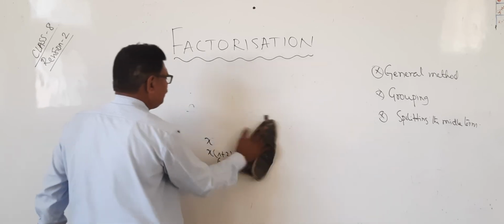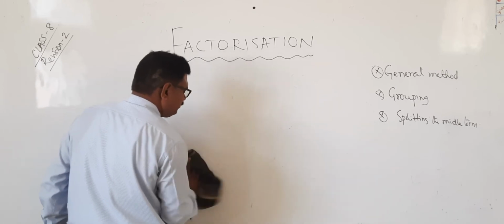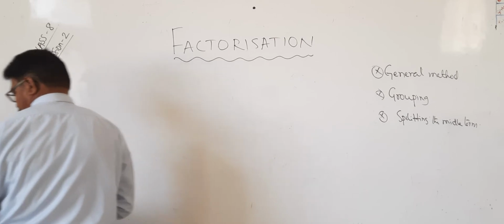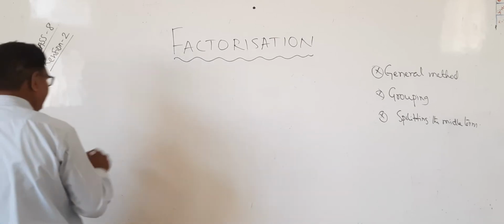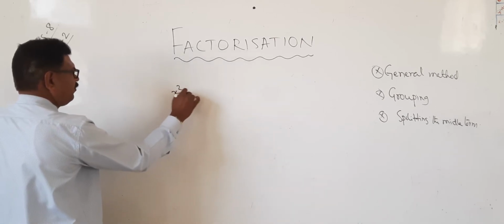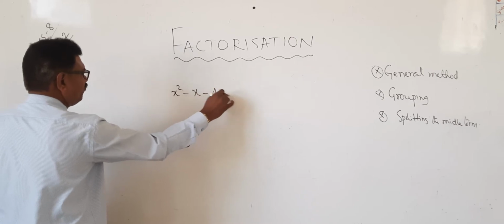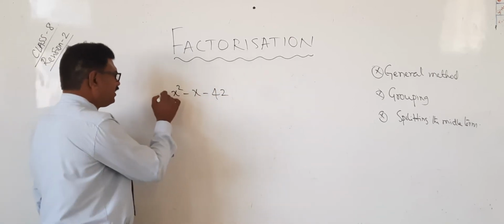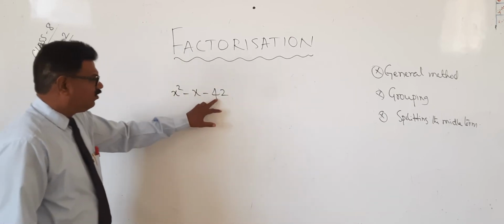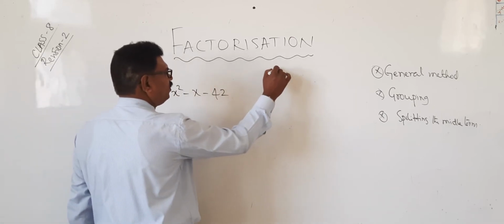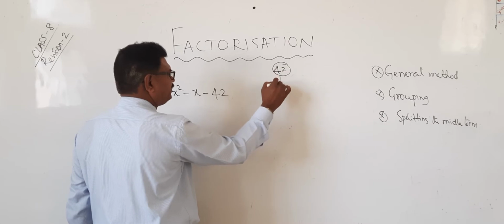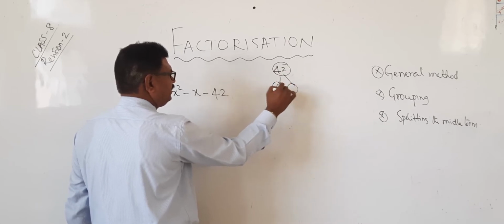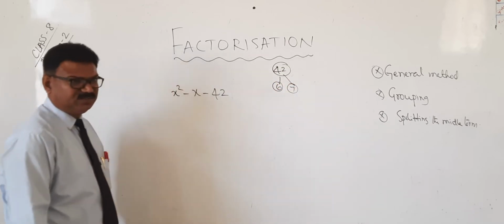Next problem. X square minus x minus 42. Again same, here the x square coefficient is 1, therefore what is the number? 42. 42 can be written as 6 into 7.